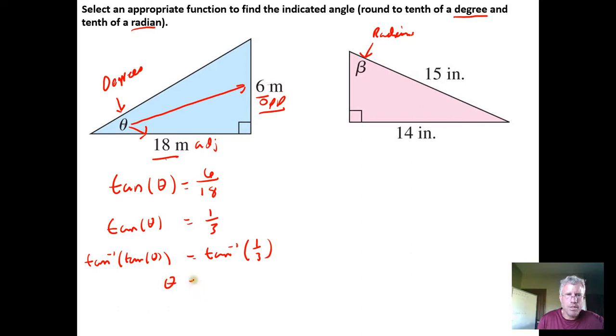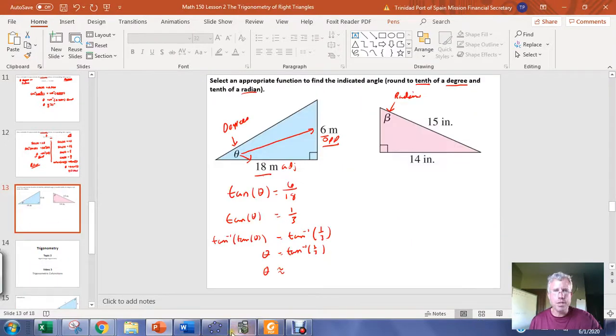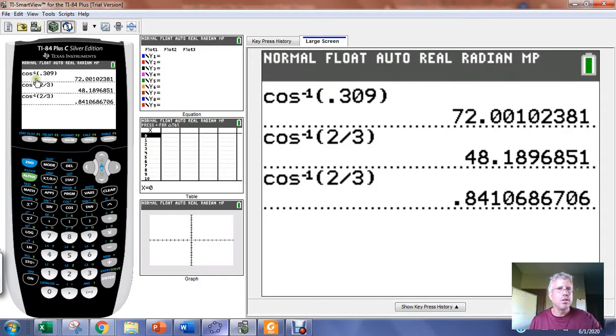So theta is the tangent inverse of 1/3, and if we're approximating it in degrees to the nearest tenth, theta is approximately equal to, and then we go to the calculator. We're using the inverse tangent function, so I'm going to go second tan to get at the inverse tangent function.